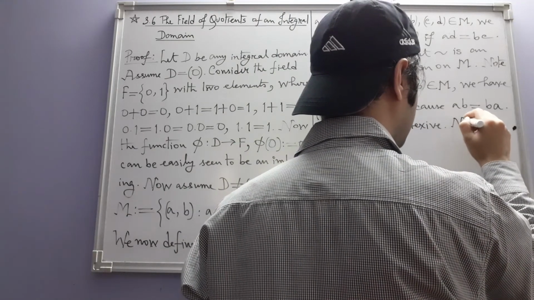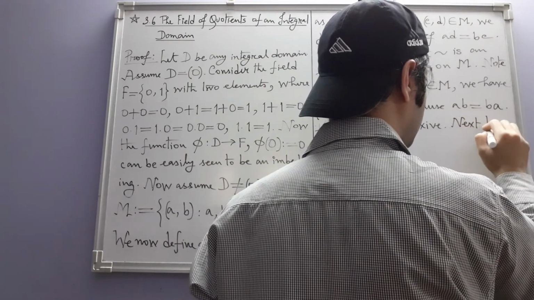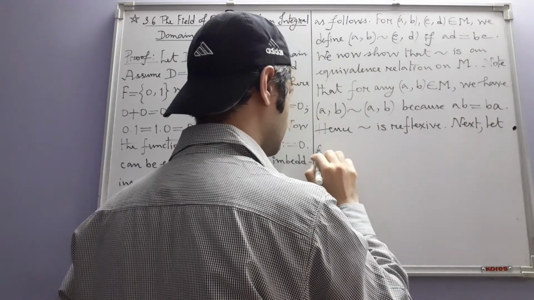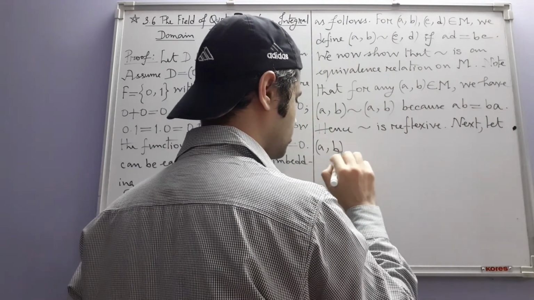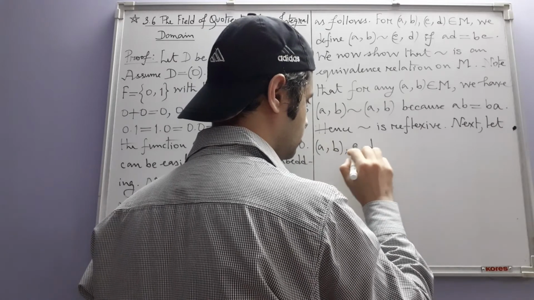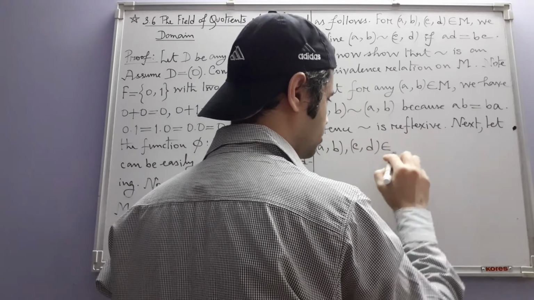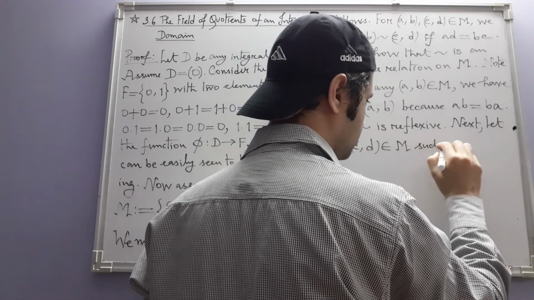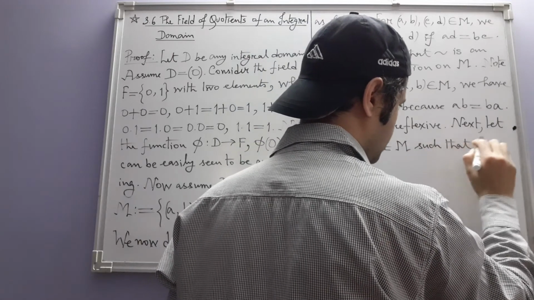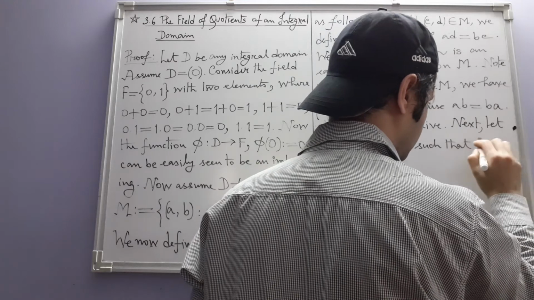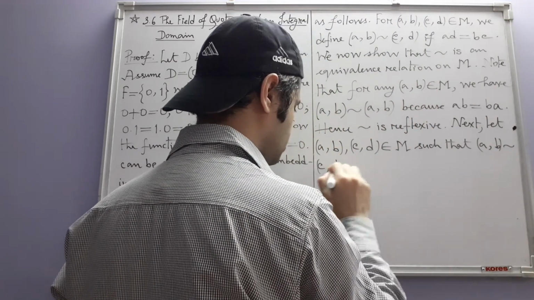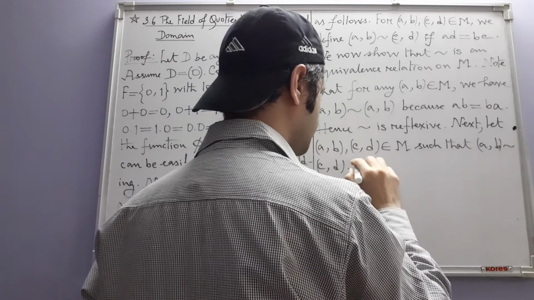Next, let (A, B) belong to M such that this is related to (C, D).